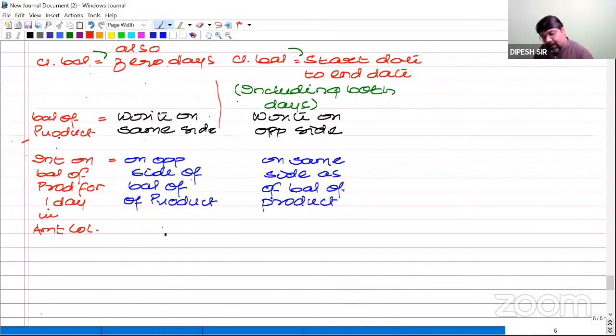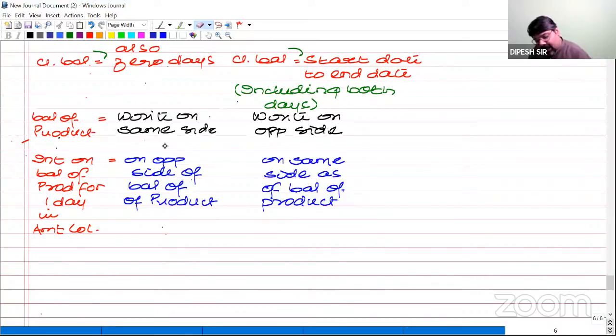So again I repeat, there is forward interest method and product method. Backward may also interest method and product method. Same thing everywhere.